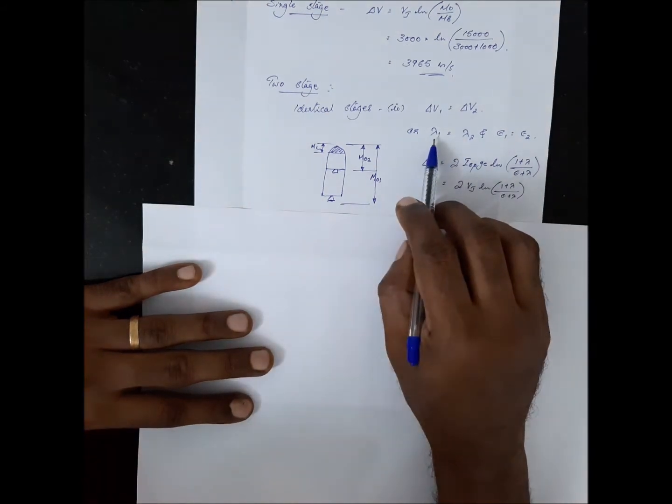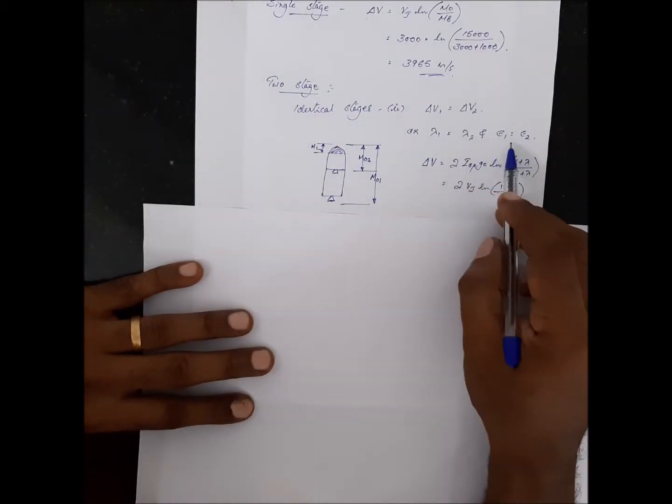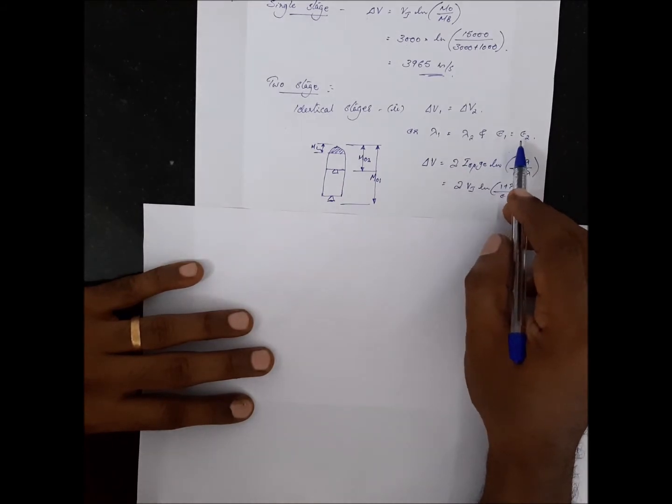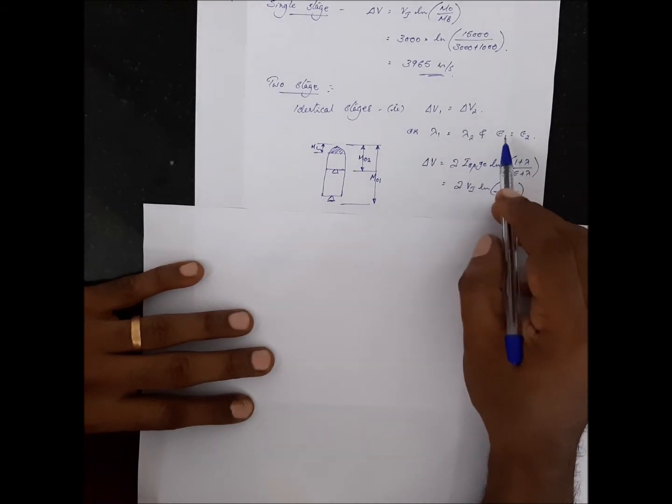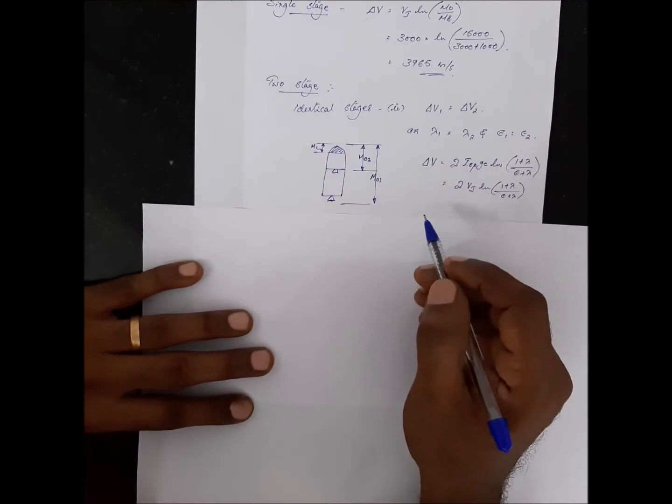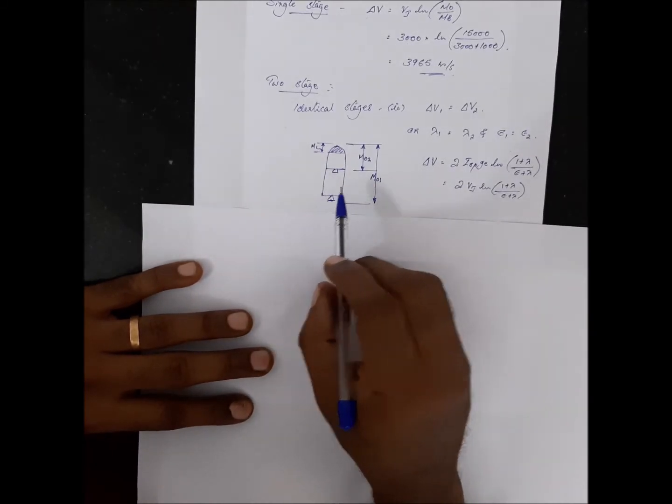What is lambda? That is the payload mass fraction, and epsilon 1 is also equal to epsilon 2. That is nothing but the structural mass fraction. So this is your two stage.